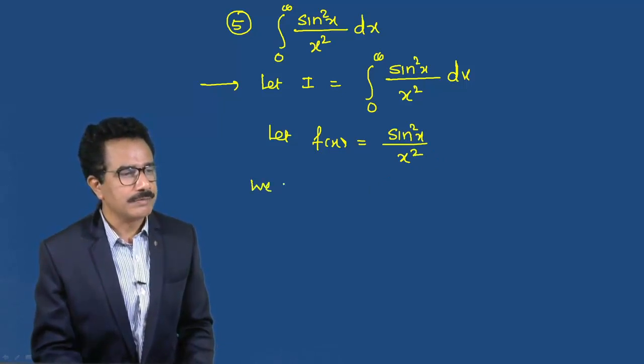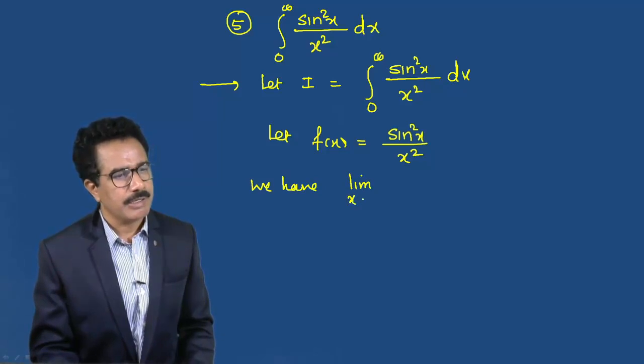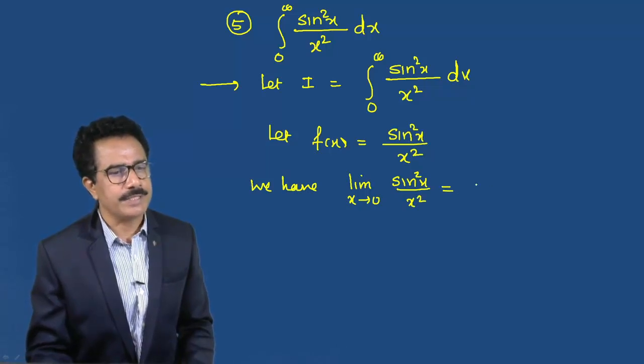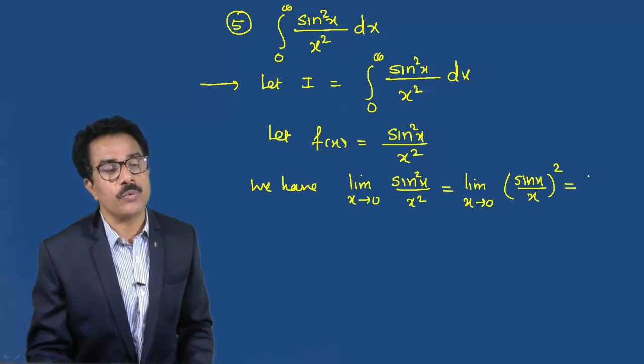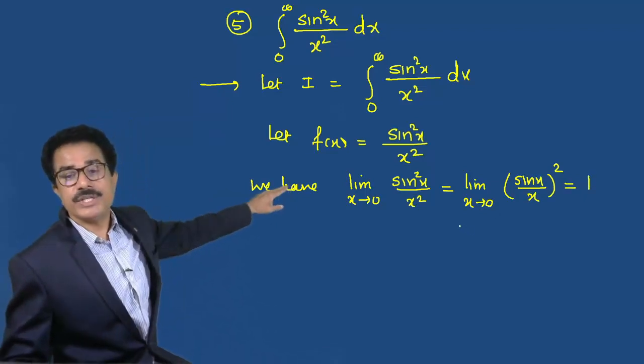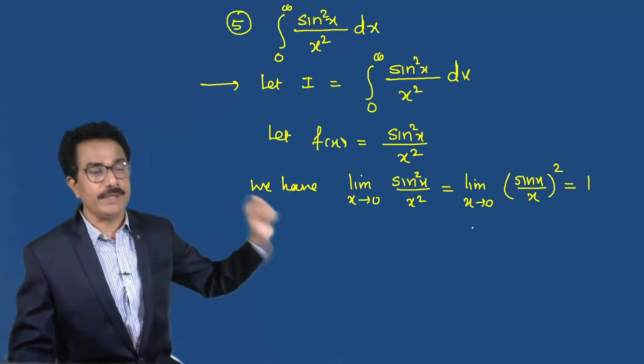We have limit x tends to 0 sin square x divided by x square, which is equal to limit x tends to 0 (sin x divided by x) whole square, which is equal to 1. That means 0 is not a point of infinity.